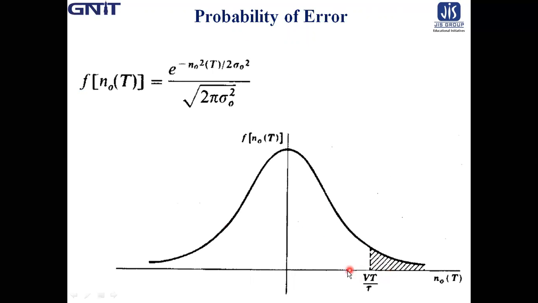If n0(T) is positive and larger in magnitude than VT by tau, the total sample voltage v0(T) equal to s0(T) plus n0(T) will be positive. Such a positive sample voltage will result in an error.